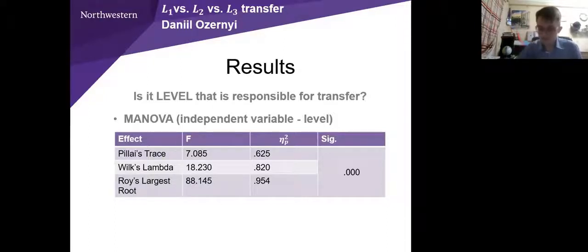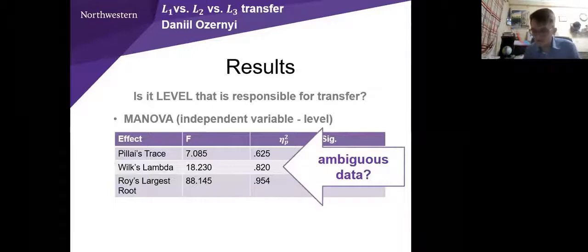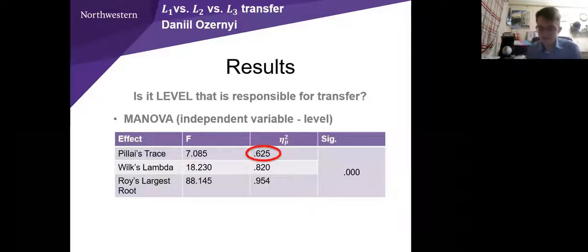In this study, different multivariate tests gave different partial eta squared results. Partial eta squared is precisely the measure which speaks to how much of the variation in transfer is accounted for by the level. The results ranged from 62.5 to 95.4. 62.5 was given by Pillai's trace.